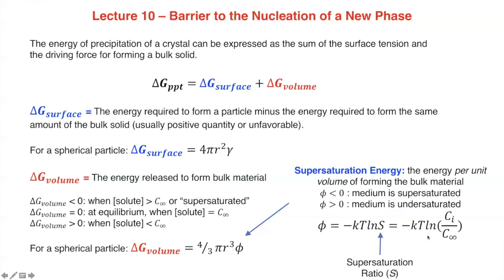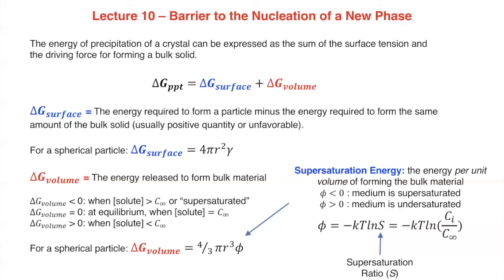And so the natural log of that ratio times kT gives you what's called the supersaturation energy. So this is a measurement of how much energy is built into the solution as it's supersaturated. And it's exponentially dependent on concentration.